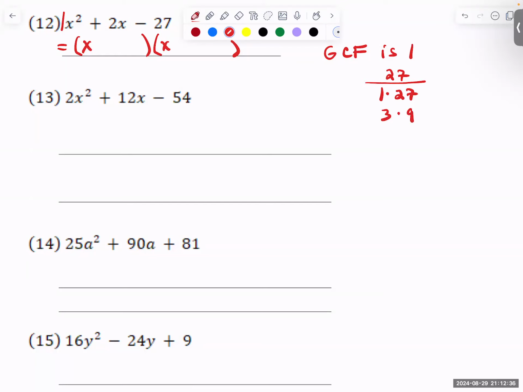Now we cannot add the two numbers from either pair or subtract the two numbers from either pair to get to the middle coefficient. So this trinomial is a prime polynomial and cannot be factored, so we strike a line through it or erase it completely and write prime polynomial, which means cannot be factored.